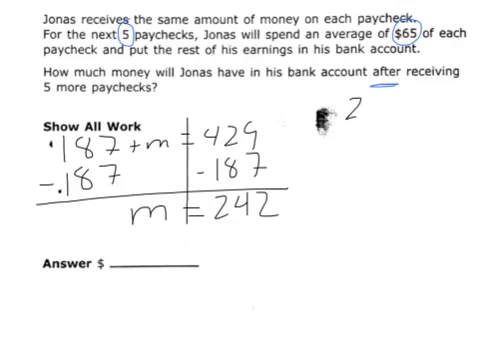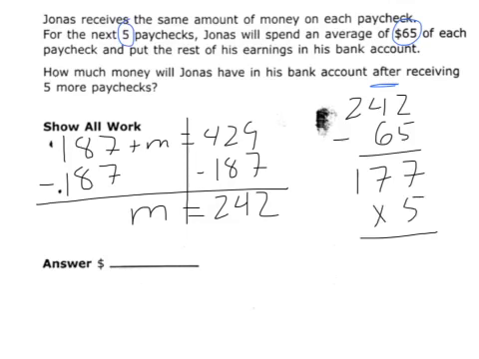Now, out of that 242, we know that he spends an average of $65 from each paycheck over 5 paychecks. So we're going to subtract that, and we're going to get 177. So he's depositing $177 on each paycheck. So this is for 5 paychecks, so it's times 5. And we're going to come up with 885. Now, that is still not the answer.